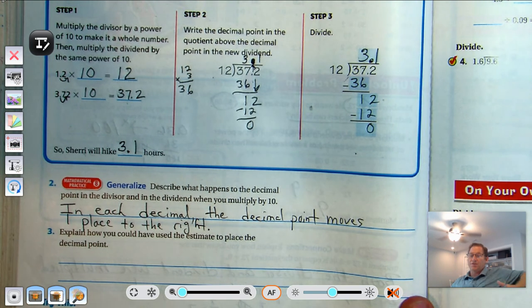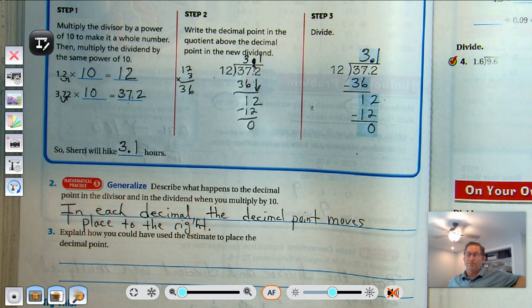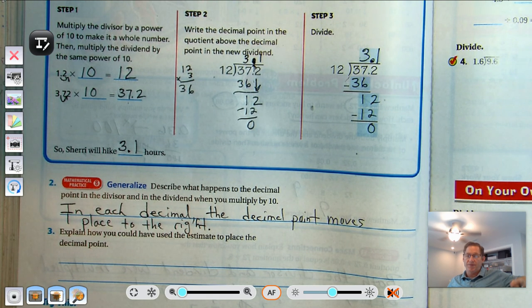If we were multiplying by 100, we move it 2 places to the right. If we were multiplying by 1,000, we move it 3 places to the right, so on.